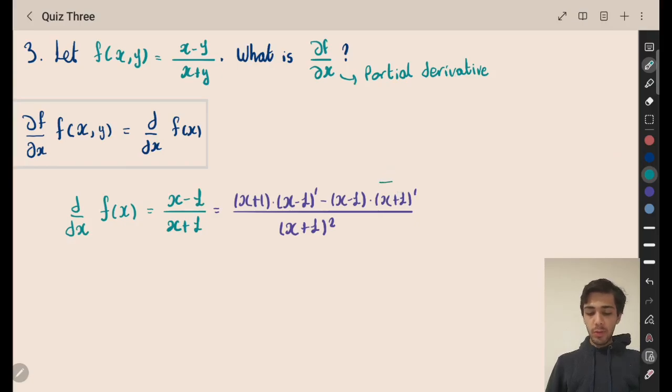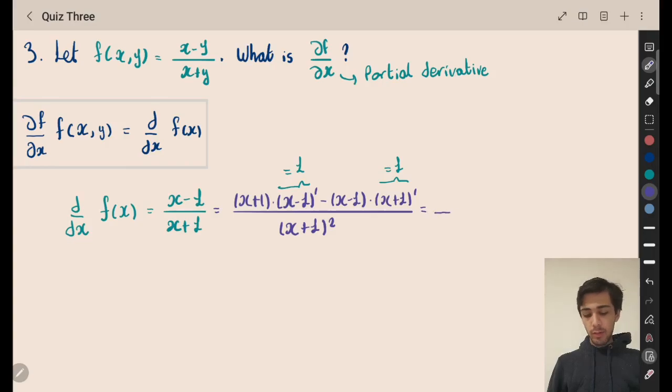Now the derivative of x plus 1 with respect to x is equal to 1. Same thing we can say here, it's equal to 1.